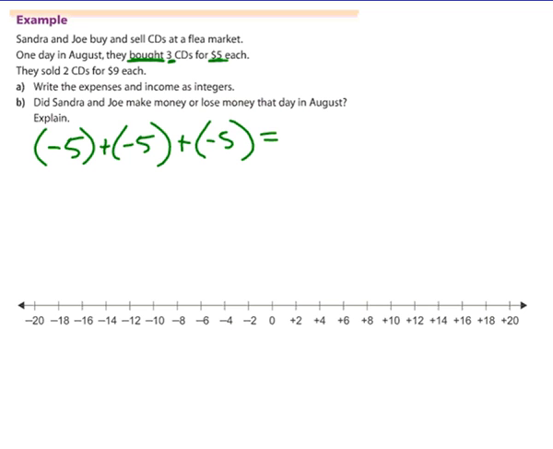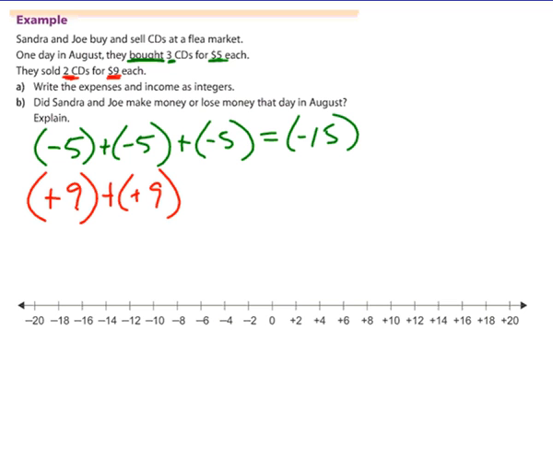So of course, -5, -5, and -5 is -15. And it says they sold 2 CDs for $9 each. Now, if you're selling something, you're getting money for it. So now we are making money. So we are making $9 twice, which is +9 plus +9.